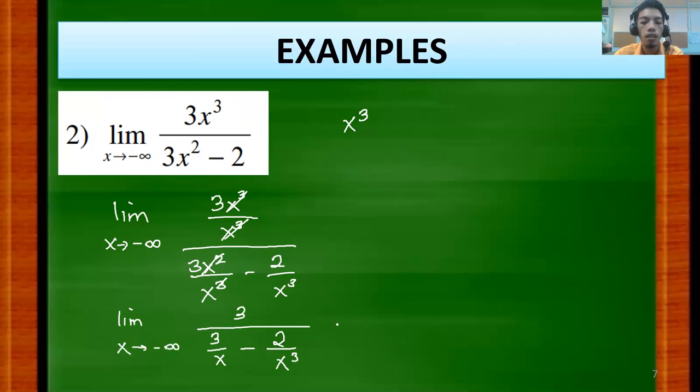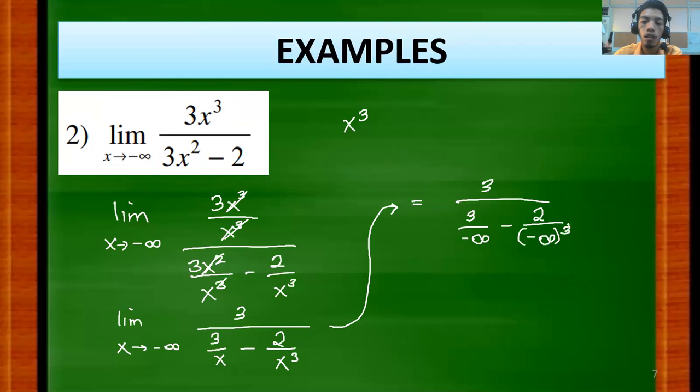So after that, nung masimplify na natin, isa-substitute na natin yung infinity sa lahat ng x. Okay? So magkakaroon tayo ng 3 all over 3 over negative infinity minus 2 over negative infinity cubed. Okay.